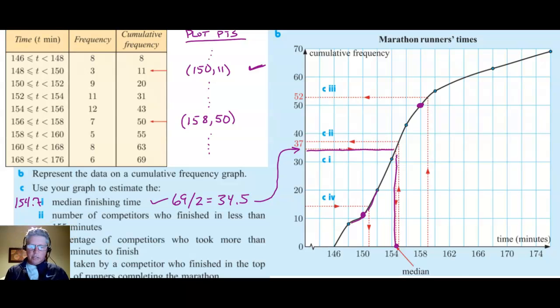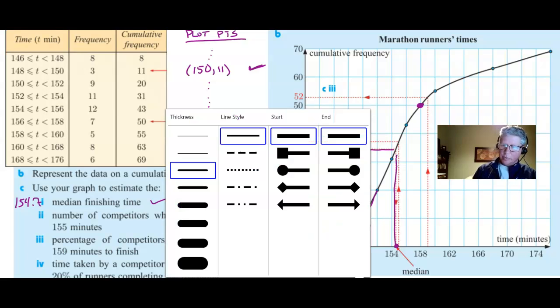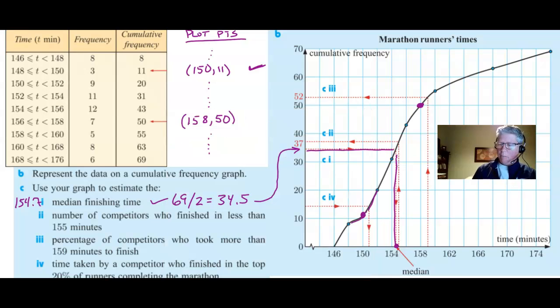All right, so let's look at the next one. I'm going to slide over here because why not be in the graph? Be in the now. All right, so the number of competitors who finished in less than 155 minutes. So on this one, we of course change color. We go to 155, and then we go the other direction.